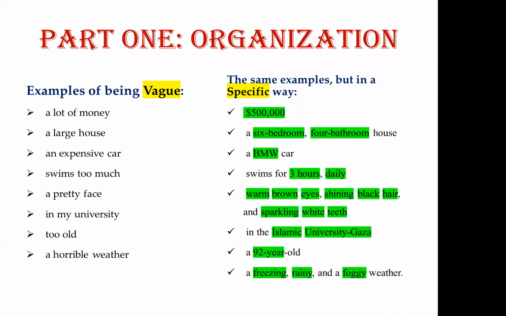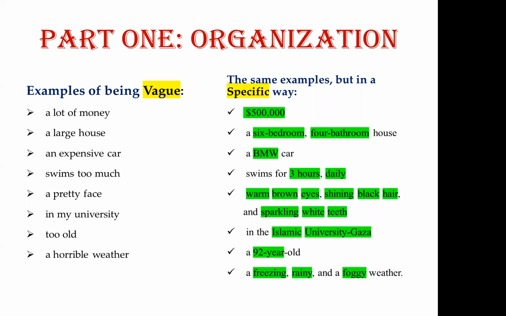This is meant by a lot of money. So don't say a lot of money, or say a lot of money, but clarify it by saying $500,000. Or when I say a large house, you must describe the large house, saying a 6-bedroom, 4-bathroom house, and so on. An expensive car, a BMW car, maybe a Mercedes car, a limousine car.